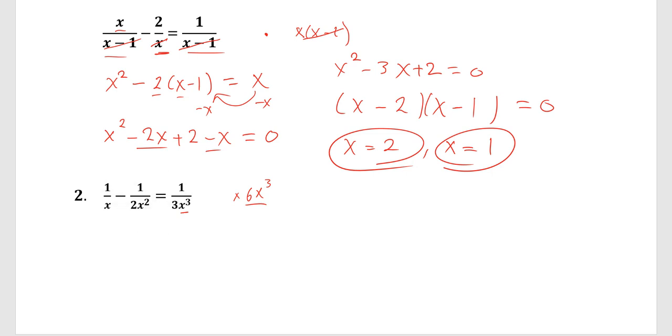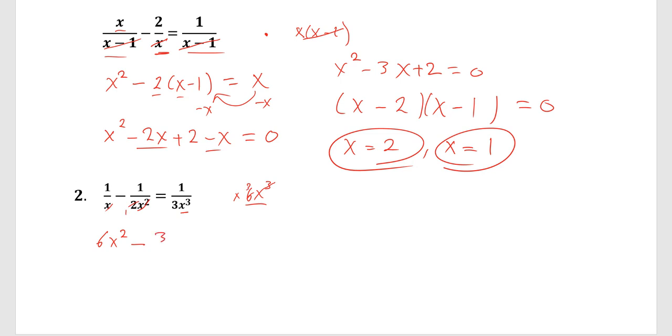So 1 over x times 6x cubed, the x cancels with one of these x's and you get a square. So you have 6x squared minus 1 over 2x squared times 6x cubed. So x squared cancels with this and you get 1x remaining. 2 divided by 2 is 1, 6 divided by 2 is 3.